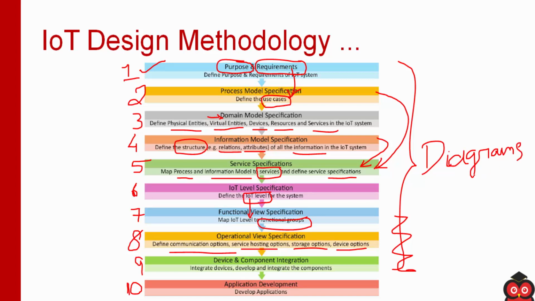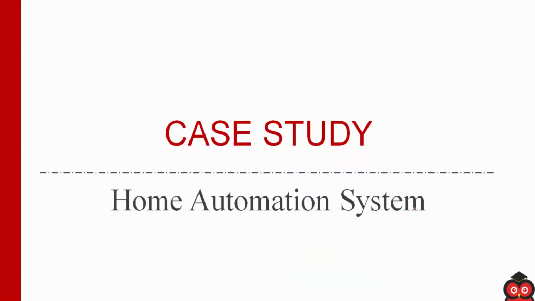At the end, whatever we are representing in the diagram will be converted into code, by using whatever we choose in step number 8, either Python or Java, MySQL server, like that. Choosing those options, we will write the code for the IoT system which we are developing. Okay, now we will use a case study.